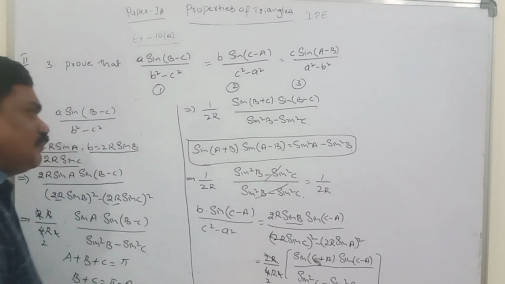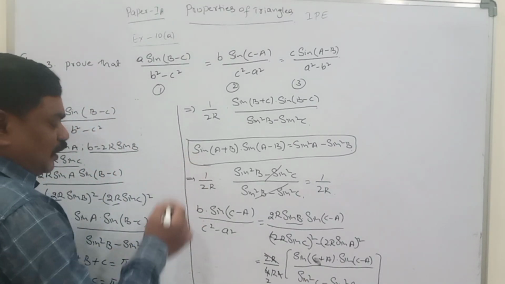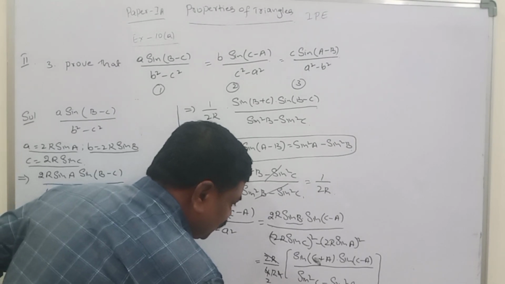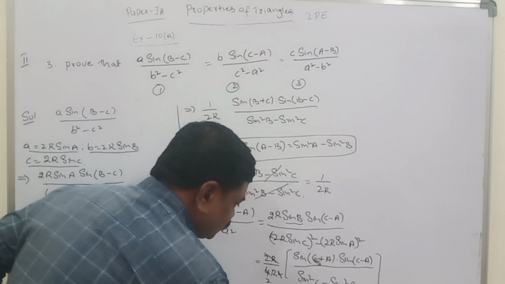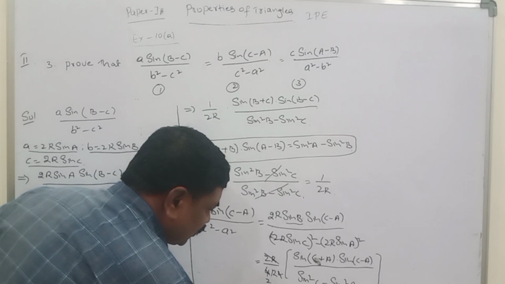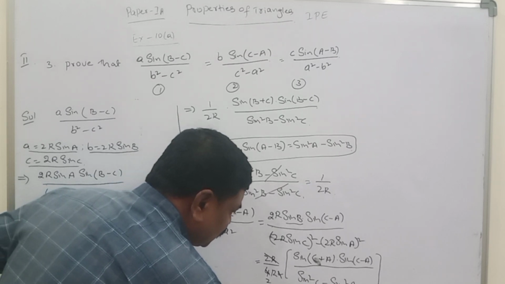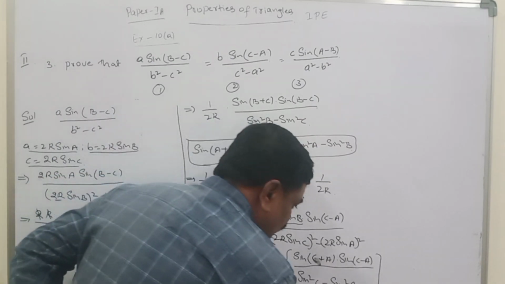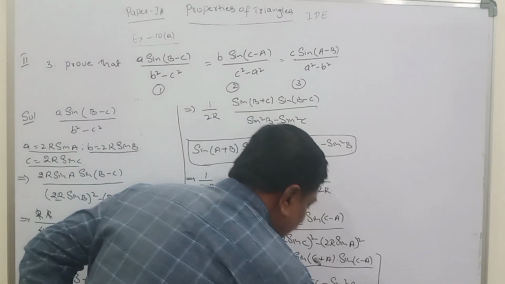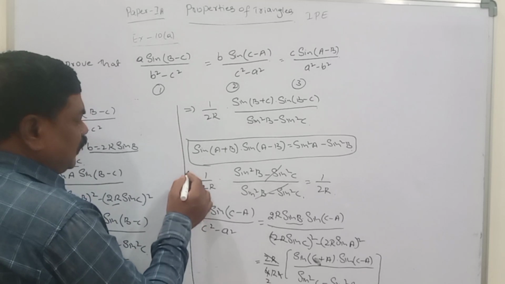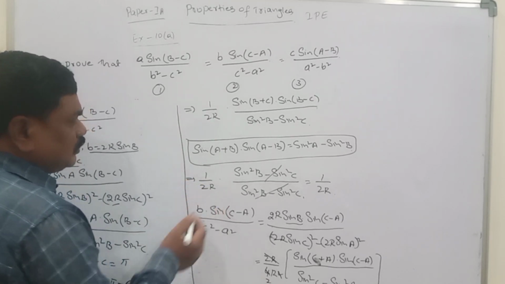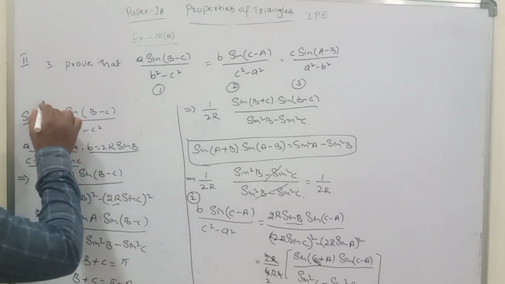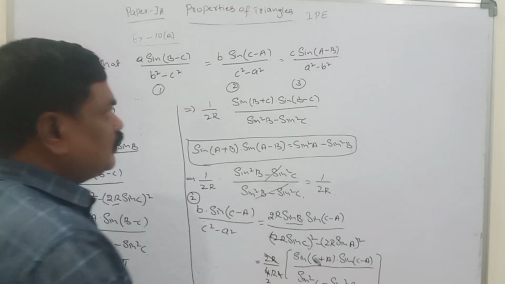By the use of the compound angle formula, we can write sine square C minus sine square A numerator, and denominator is sine square C minus sine square A. So this one cancels. Second one is 1 by 2r. This is second one, and this is first one. Next, third one.